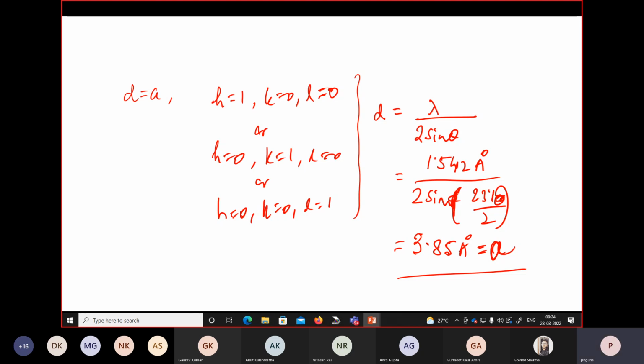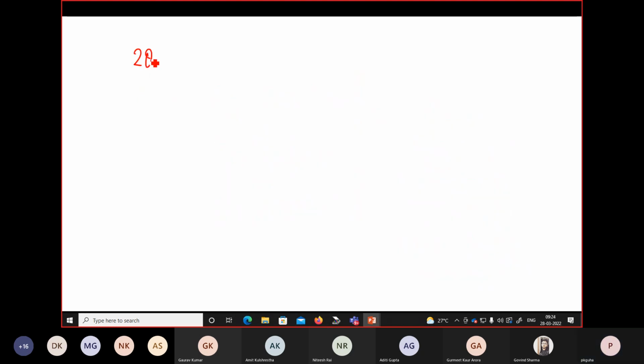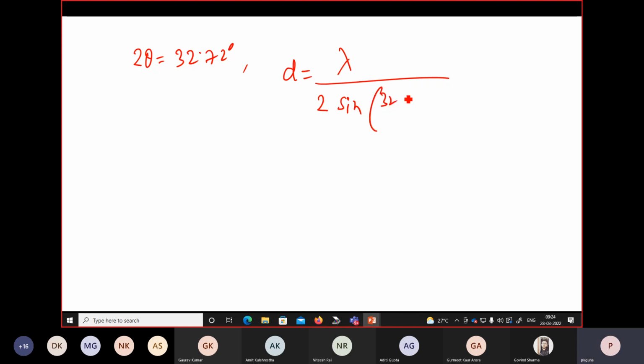We can consider other peaks also. For example, 2 theta equal to the next peak we got, 32.72 degrees. In that case, d is equal to lambda over 2 sin of 32.72 divided by 2 degrees, which is 2.73 angstrom.